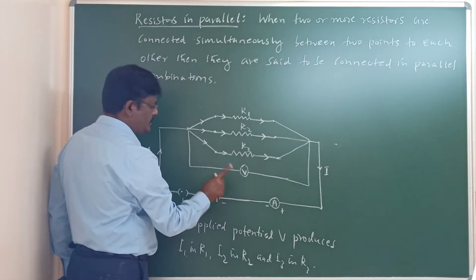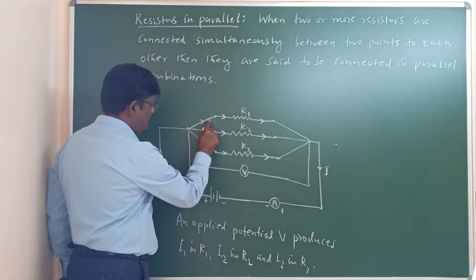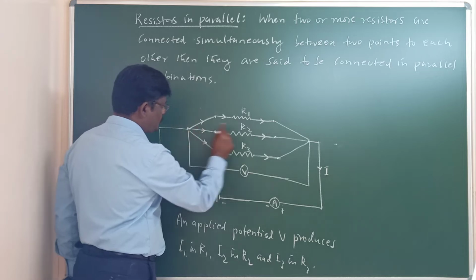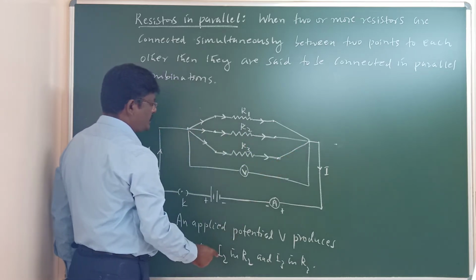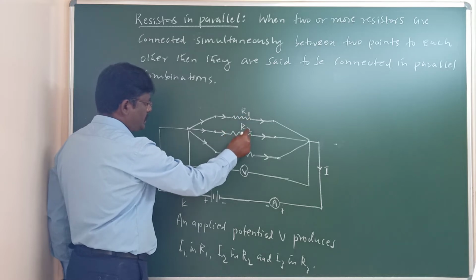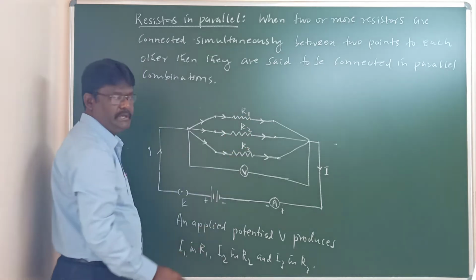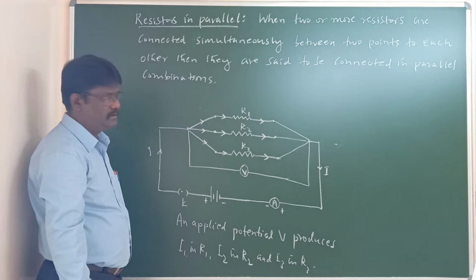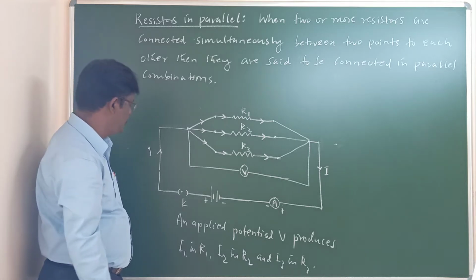Here the main thing: because all are connected between two common points, the potential difference across R1, R2, R3 will be the same one, that is V only.